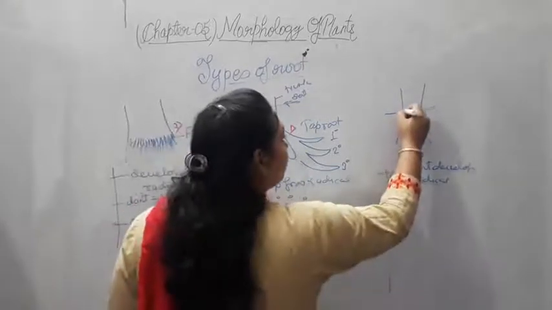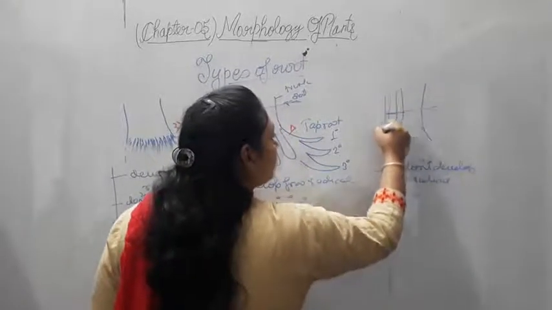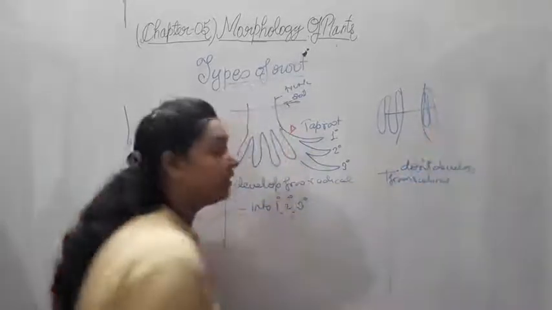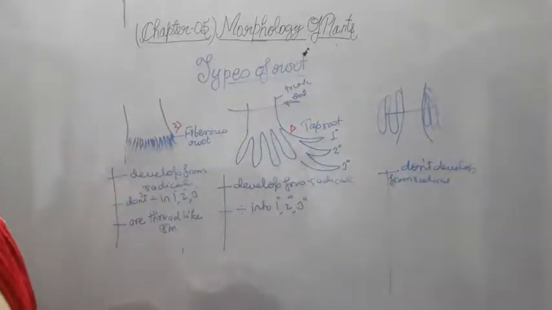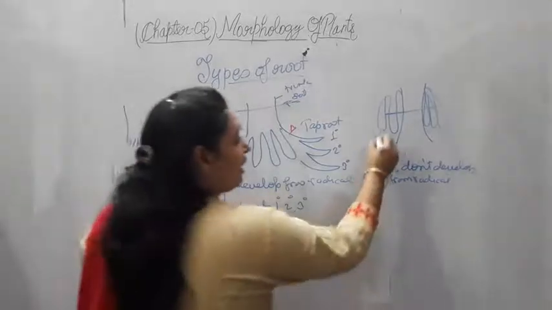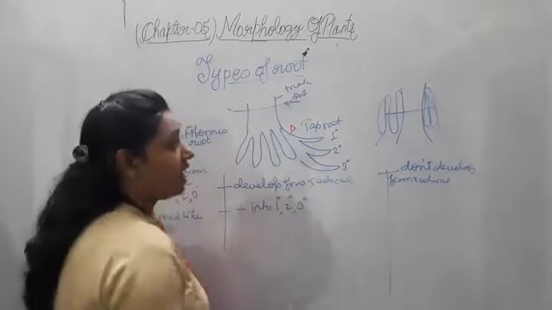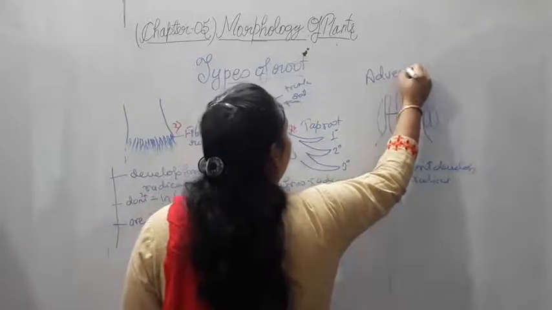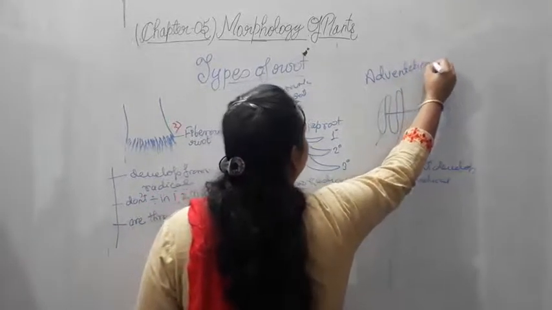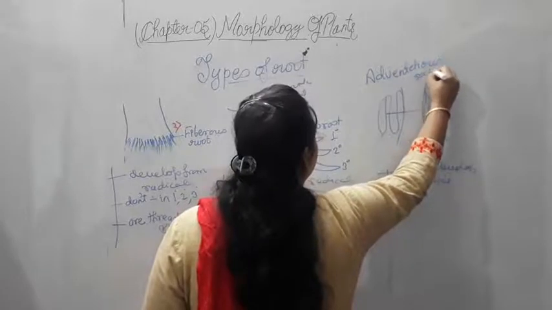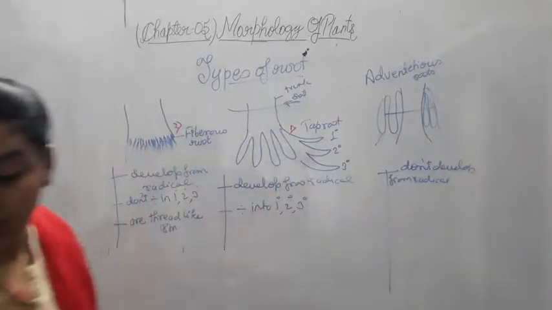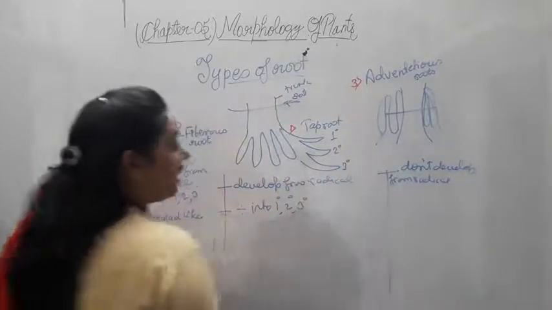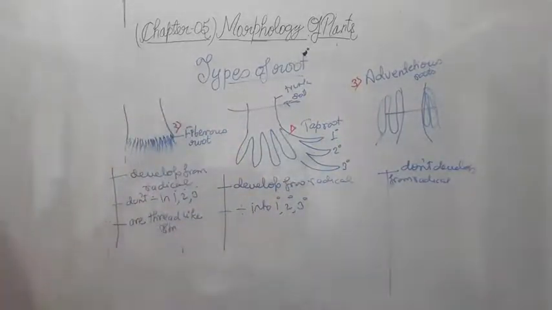They develop from other regions, like this, like this, like this. They are getting developed. Now this kind of development is called adventitious roots.